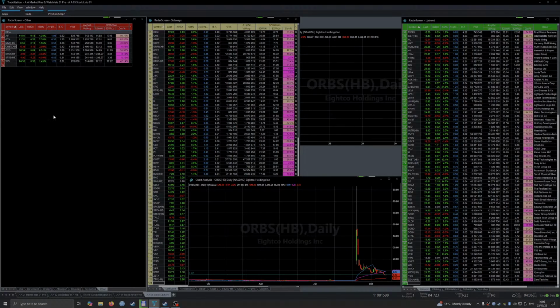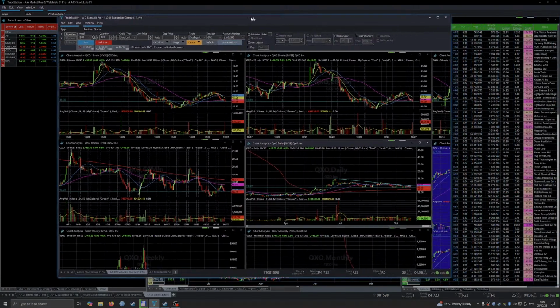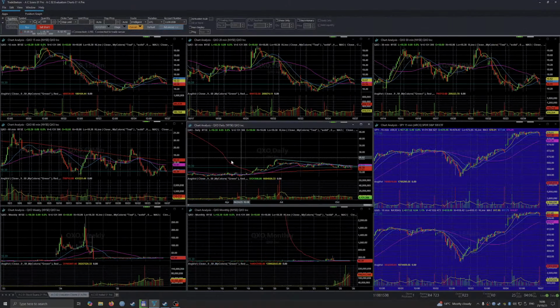So yeah, so I've got all these weird stocks that I can't make any sense of. Most of these only look weird when you look on the weekly and monthly. You can see years and years of nothing.